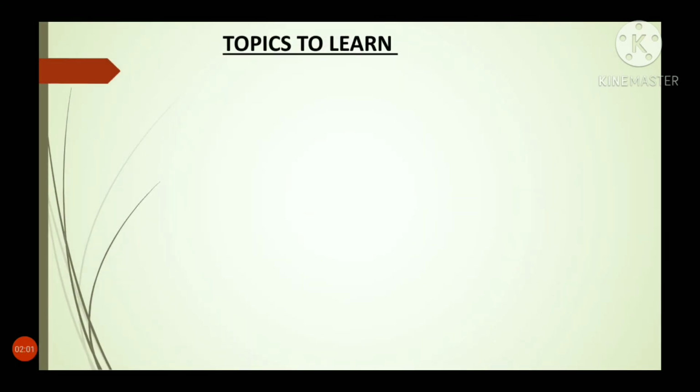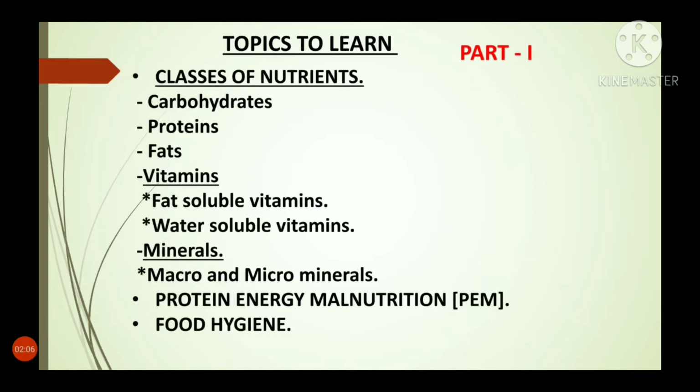In today's session, the topics to learn in Part 1 are classes of nutrients, in which you will be studying about carbohydrates, proteins, fats, and vitamins. In vitamins, you are going to study fat-soluble vitamins, water-soluble vitamins, minerals, macro and micro minerals, protein energy malnutrition, that is also said to be PEM, and food hygiene.